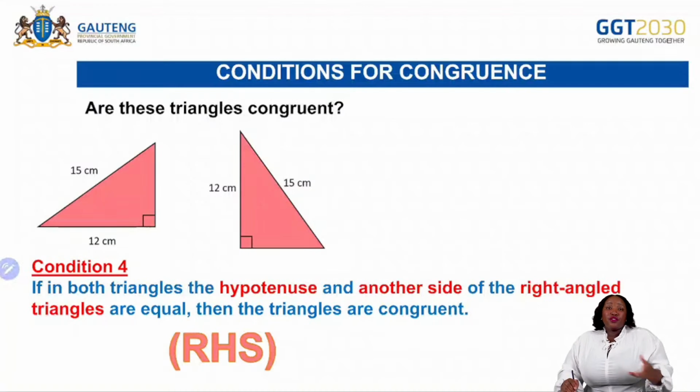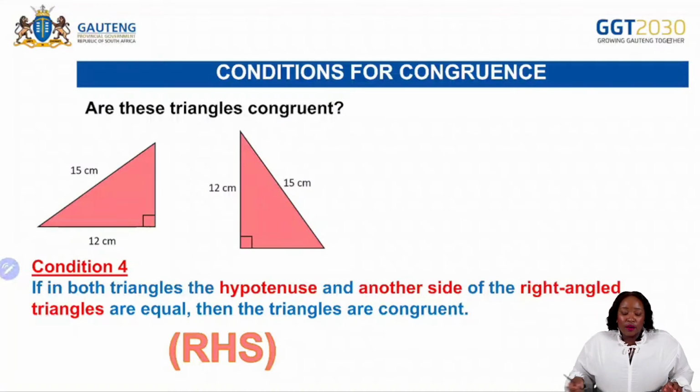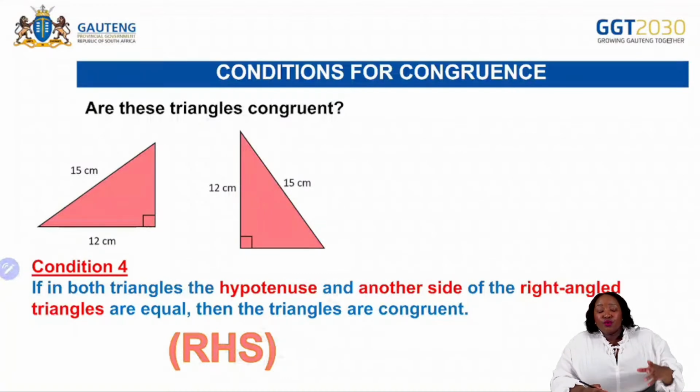So it's not always that your right angle triangles will be congruent because of right angle hypotenuse side, but do check if you are given the hypotenuse, right? If you are not given the hypotenuse, then you would use either side, okay? Or you'd use side angle side, okay? Cool.